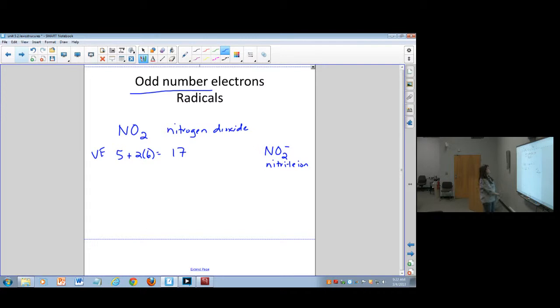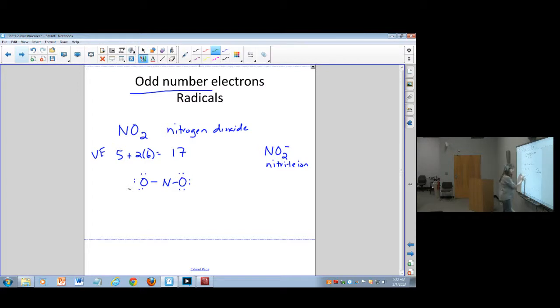All right, so let's put together this structure of nitrogen dioxide. So nitrogen is the least electronegative atom. It's going to be the one in the center. And so I'll put the nitrogen in the center. Then I'm going to fill the octet on each of these outer atoms. And then I'm going to count.